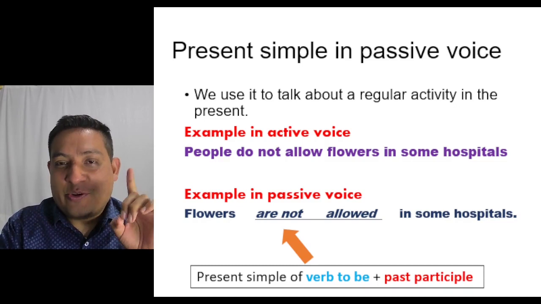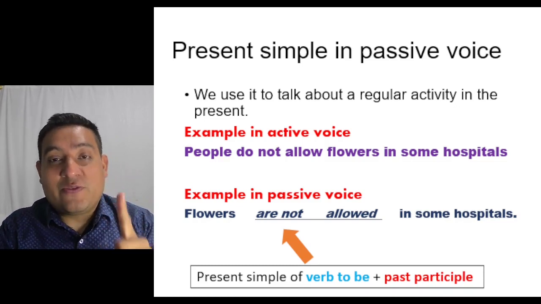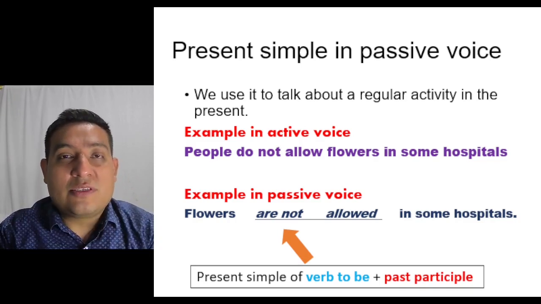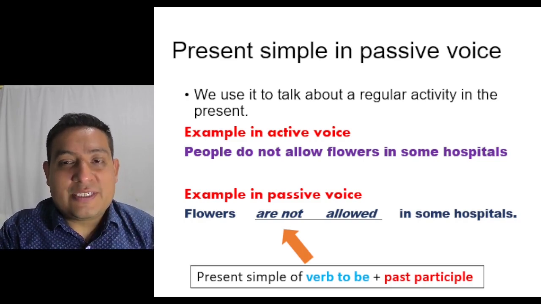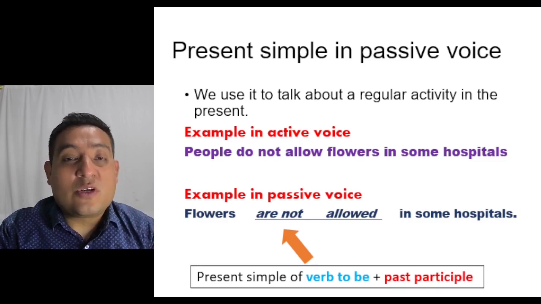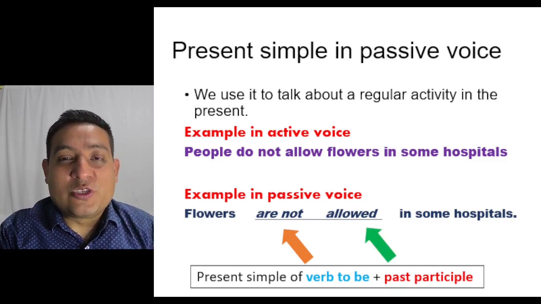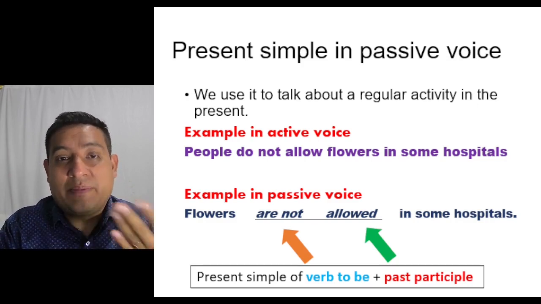And remember the steps to create a passive voice sentence. You have to identify first the tense. In this example, people don't allow flowers. We know that it's present tense. So in the passive voice, the verb to be has to be in present tense. Flowers aren't. And then in the active voice, we use the verb allow, which is in Spanish permitir.